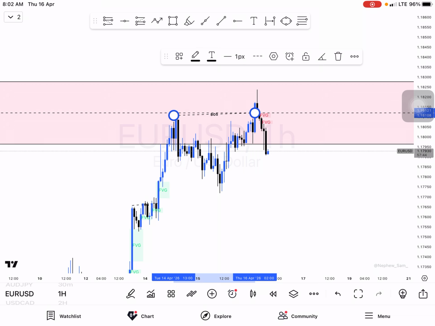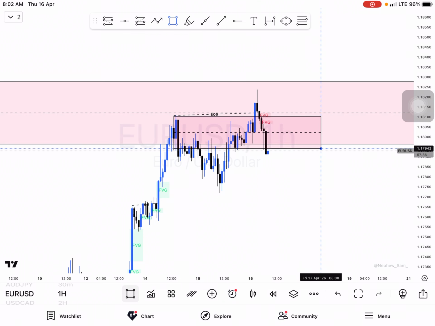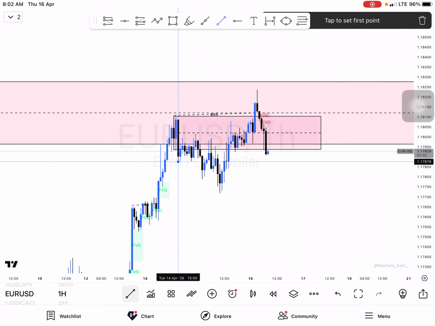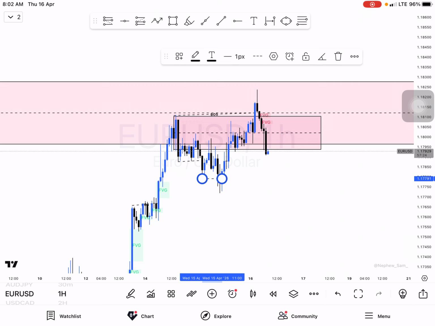So the market took them out as liquidity. People were trying to sell from here because they saw this internal market structure shift and this break of structure here. So they saw this and people were trying to sell.